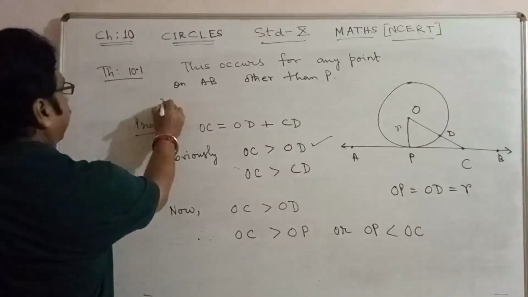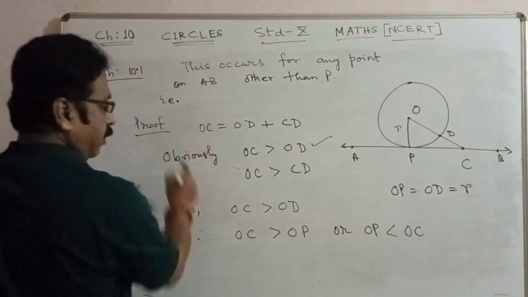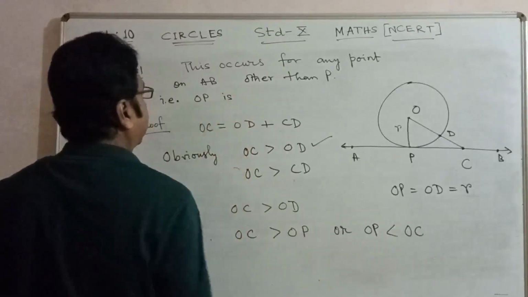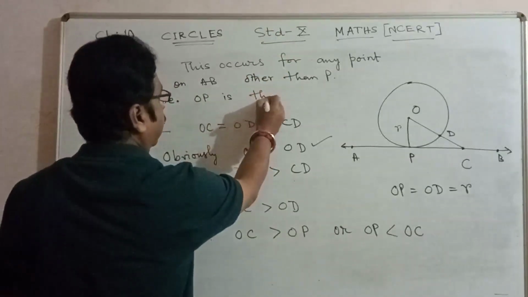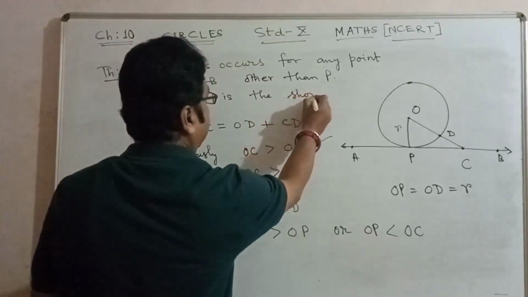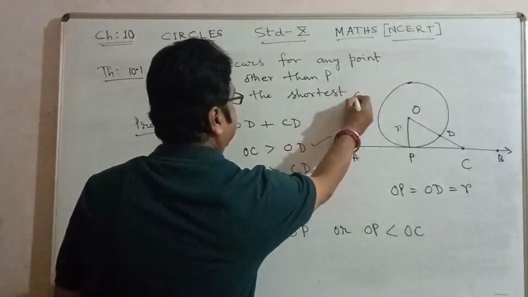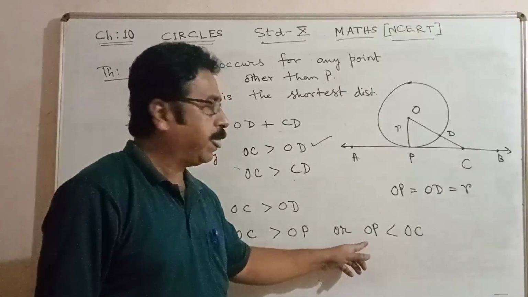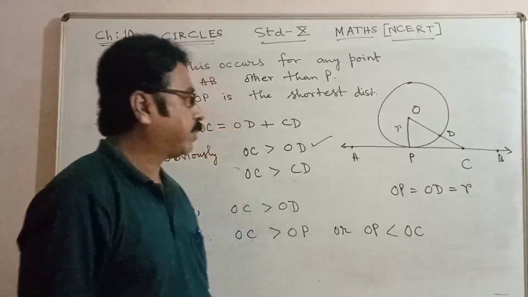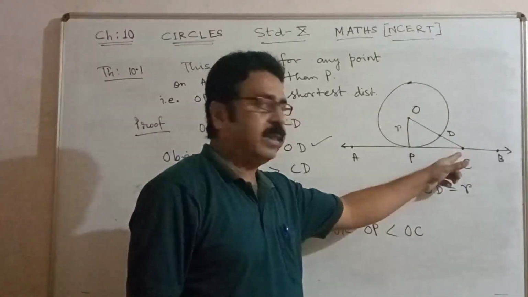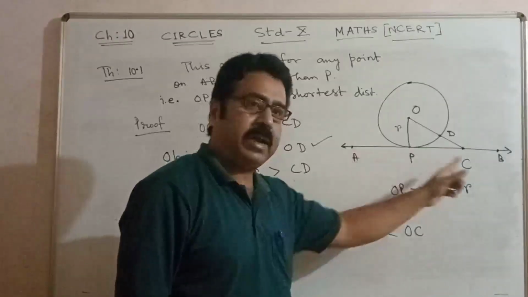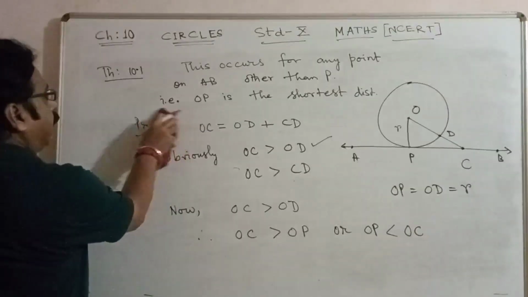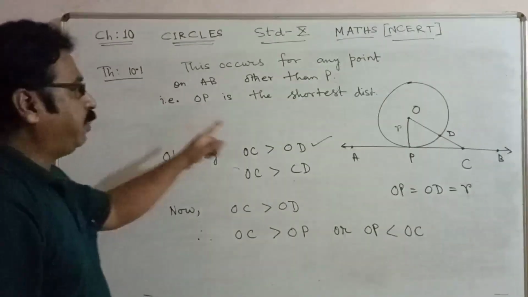That is, OP is the shortest distance, because OP is always less than the distance between the center and a point located on AB but other than P. Now, OP is the shortest distance.